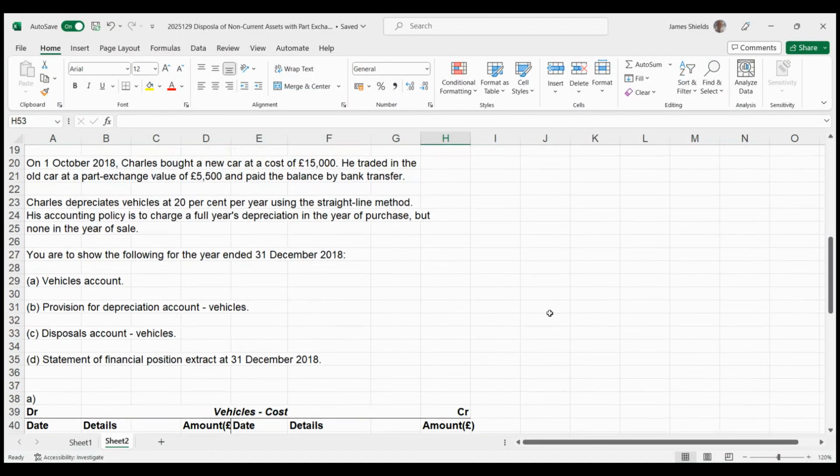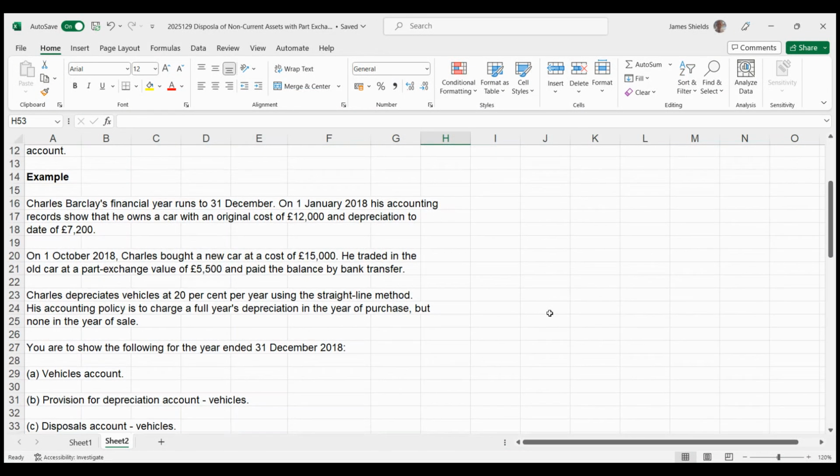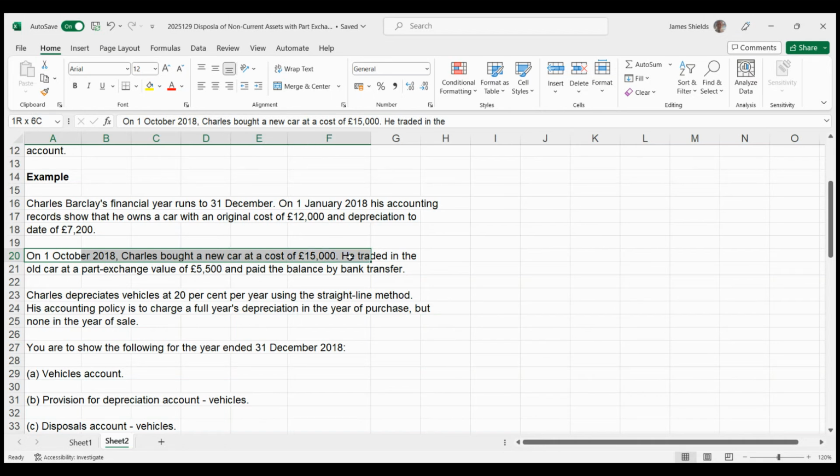So we put the information in that we've been given at the beginning of the question. On the 1st of October 2018, Charles bought a new car at a cost of £15,000. He traded in the old car at a part exchange value of £5,500 and paid the balance by bank transfer.